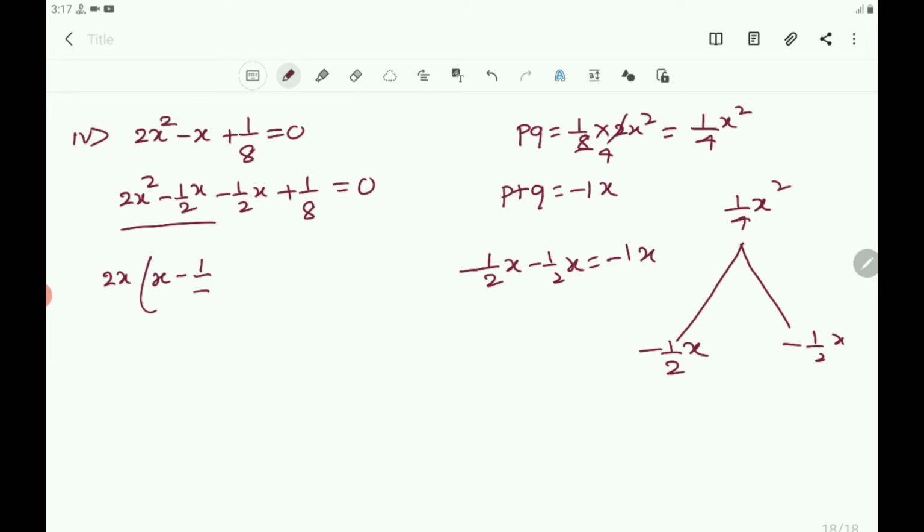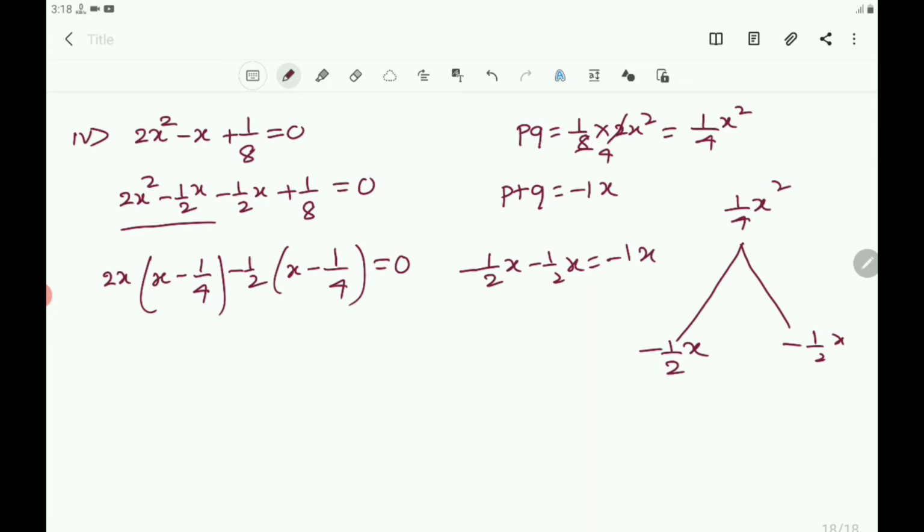So it is 1 by 4x. 1 by 4 you are going to get. x will be outside here. So x minus 1 by 4. Here you remove 1 by 2 outside and you will get x minus 1 by 2 into 1 by 4 is 1 by 8. That equals 0.